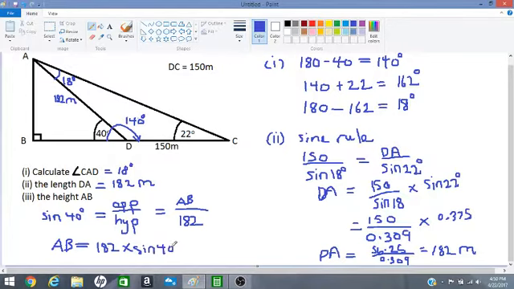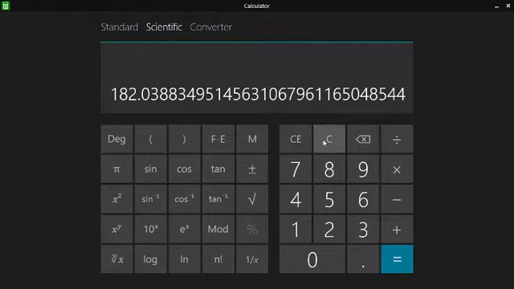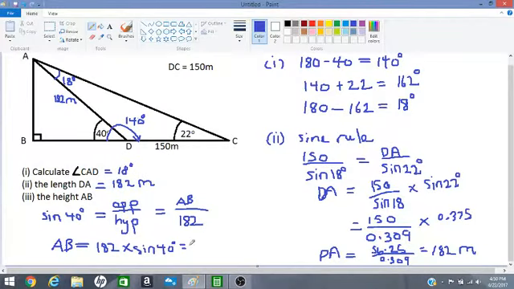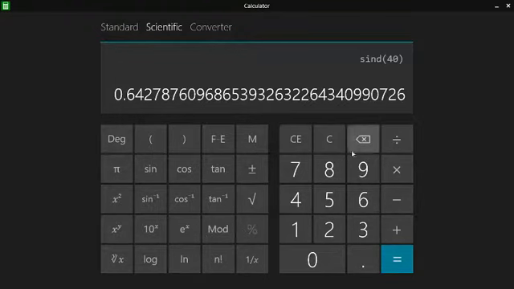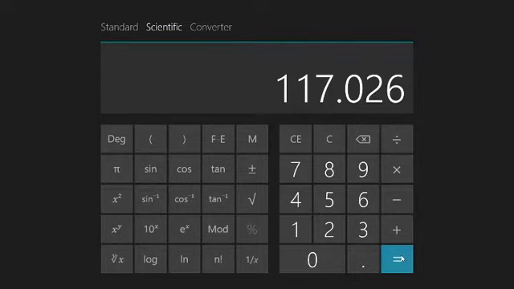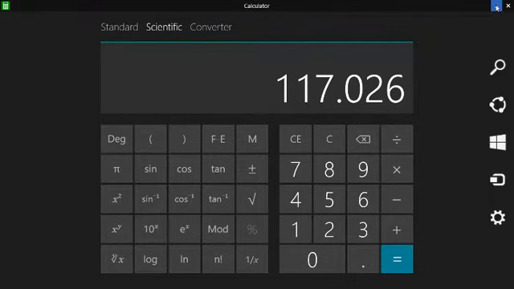Let's go in our calculator and work this out. Sine 40 is 0.643 to 3 decimal places. So it's 182 multiplied by 0.643. Let's get our final answer now: 117.026.